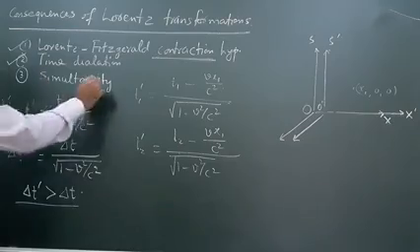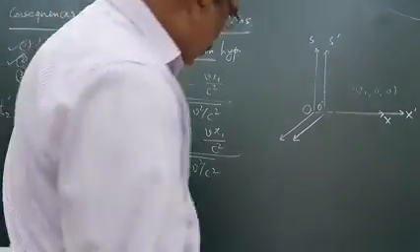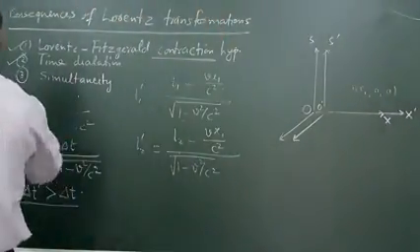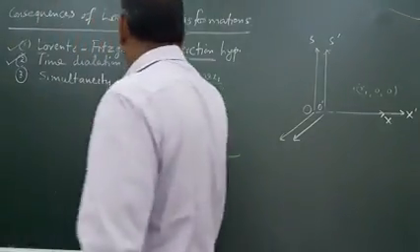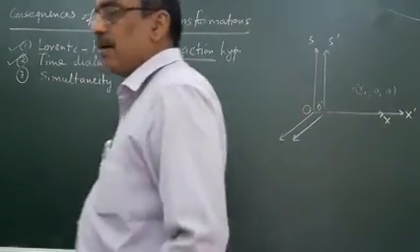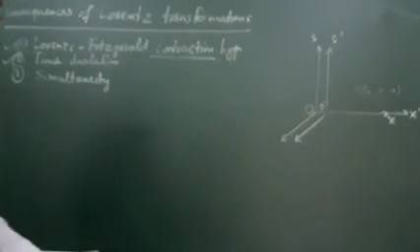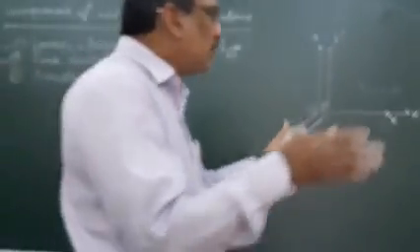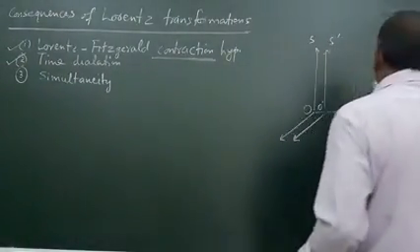Now, simultaneity. Though we have discussed this phenomenon earlier in our thought experiment, today, from the Lorentzian concept, we should discuss this. Simultaneity means two events appearing at the same time.